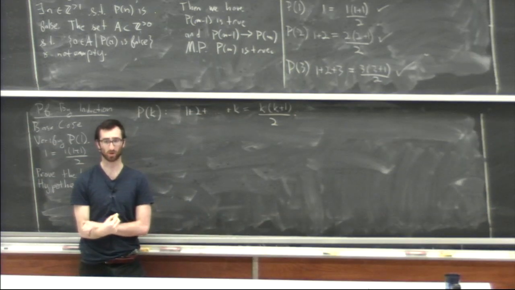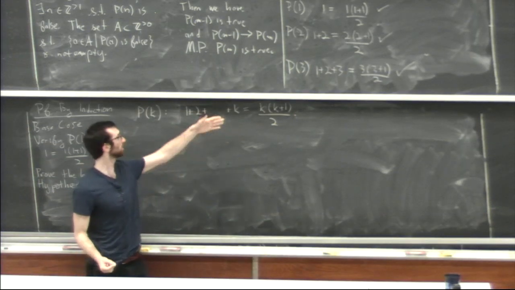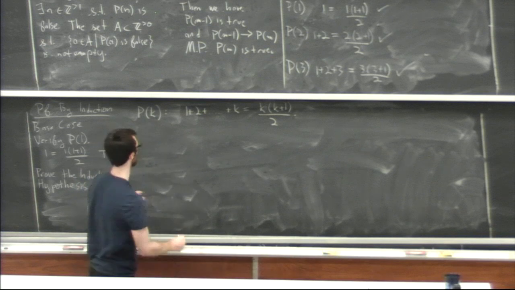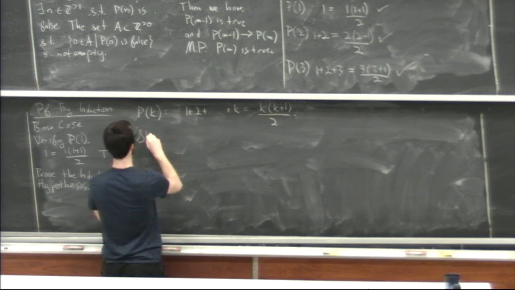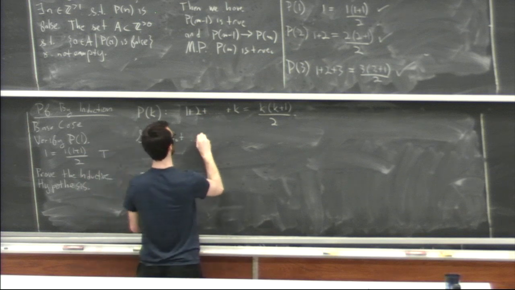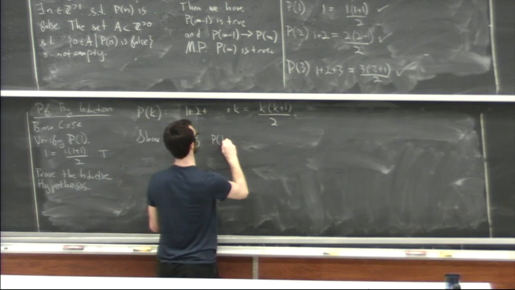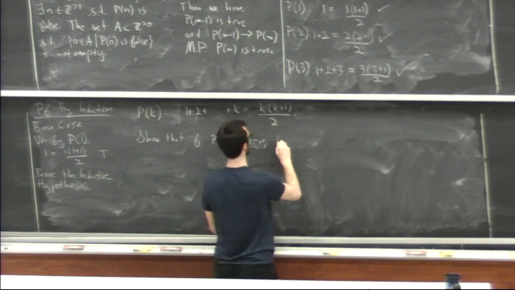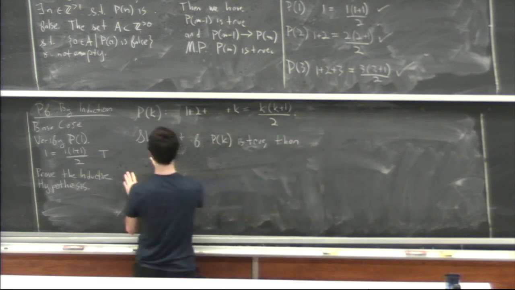What I want to show is that if I assume P of k to be true, then P of k plus 1 is true. So I want to show that if P of k is true, then P of k plus 1 is true.